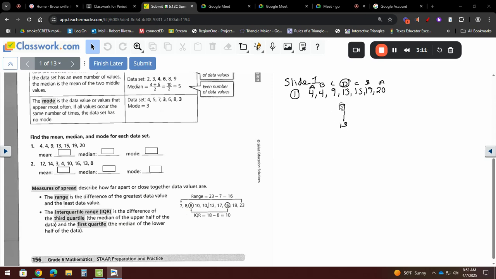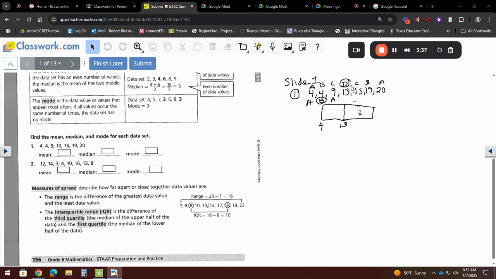Now, once I find the median, I need to find the median of the lower half. So let me draw the lower half box. And how do I find the median of the lower half? A, B, C on the lower side. Do I include the 13? No. So A, B. Who's the median of the lower half? 4. Let me find the median of the upper half.